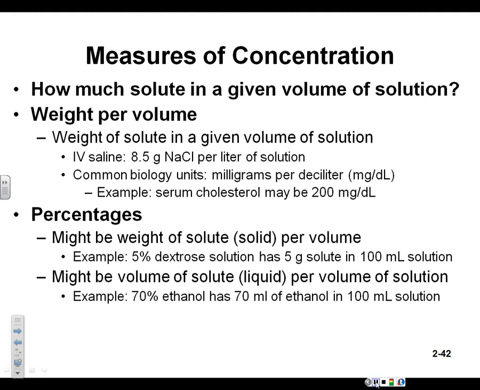Normally before a diabetic goes to surgery, they tend not to give them their insulin or blood sugar medicine, because they may be scheduled later. They never want your blood sugar to drop too low. They'd rather you have a high blood sugar level than a low one, so they give you sugar water. That means you've got 5%. For every 100, that gives me 5%. If I look at ethanol, if it's 70%, that means I've got 70% of that mixed in.